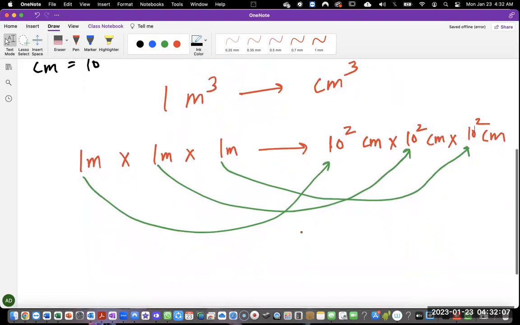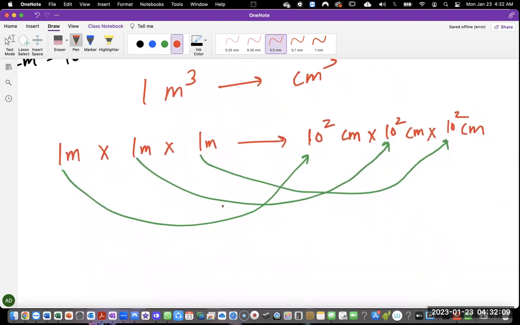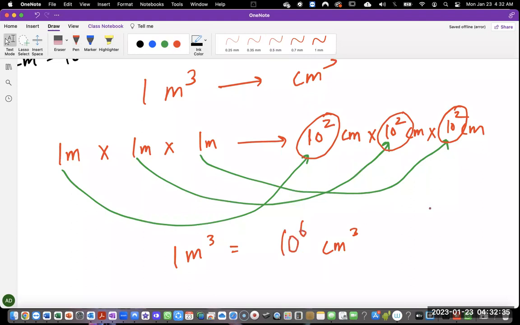So basically what this is trying to say is 1 meter, when it's cubed, then when you're cubing the centimeter also as cube, you need to multiply these numbers here, right? So what is 10 to the power 2 times 10 to the power 2 times 10 to the power 2? It's 10 to the power 2 plus 2 plus 2. What is that equal to? It's equal to 10 to the power 6.